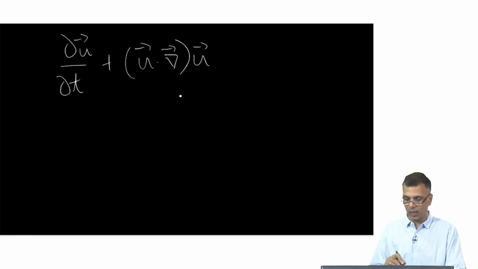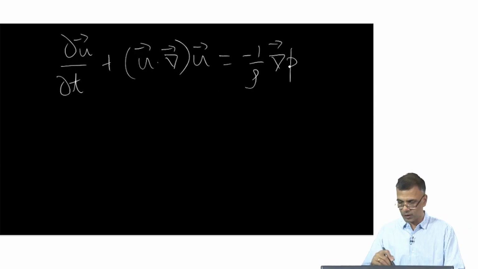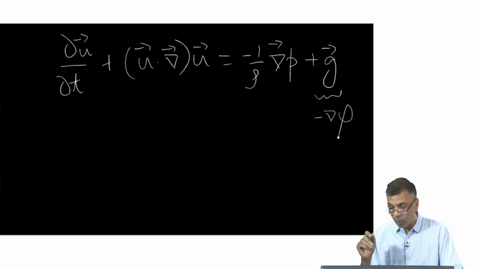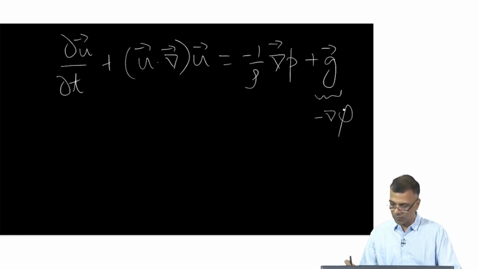So this would be ma, and the F would be the gradient of a scalar pressure plus any possible body forces, which we will assume can be written as minus gradient of phi. Well, mind you, this phi is different from the phi we talked about earlier. This is the gravitational potential, not the velocity potential.